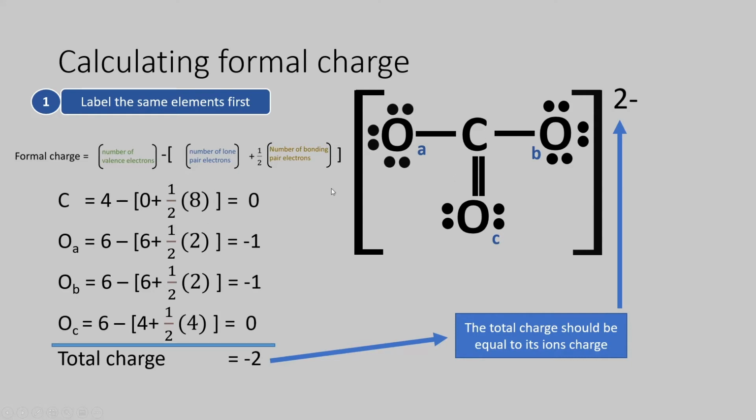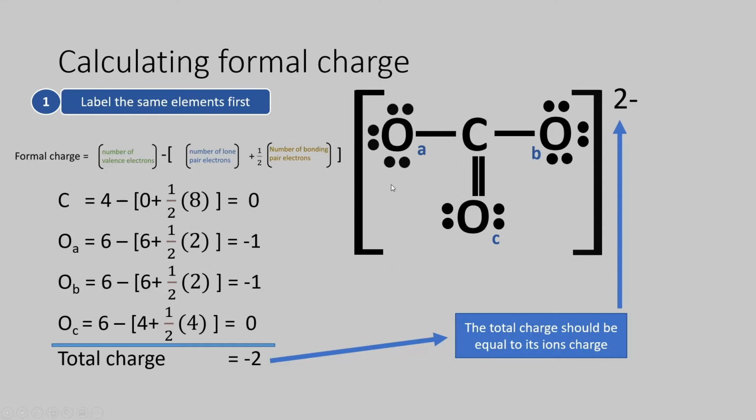So lepas awak kira formal charge, you should be getting 0. Okay? So, formal charge ni soalan senang tapi banyak kerja. Sebab you kena kira untuk every atom. Oksigen kena kira, carbon kena kira. So, setiap atom yang ada dalam tu you kena kira. Boleh tak? Nanti kita buat exercise pasal formal charge.